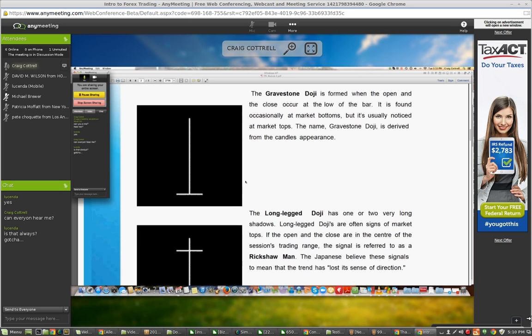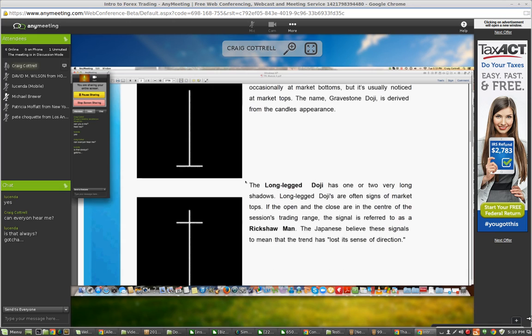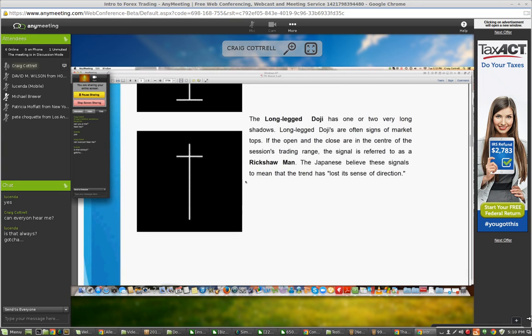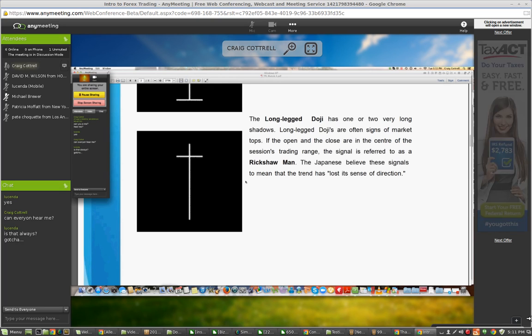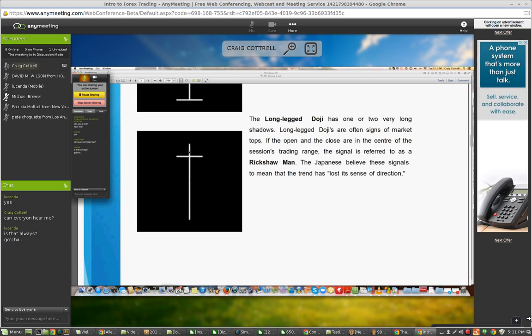Now we also have what's known as the long-legged doji. This one has one or two very long shadows or wicks. This too can be a sign of a market top, because again, we had an upward pressure that couldn't be maintained.